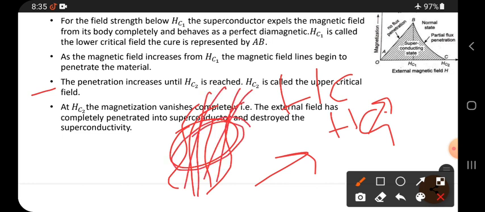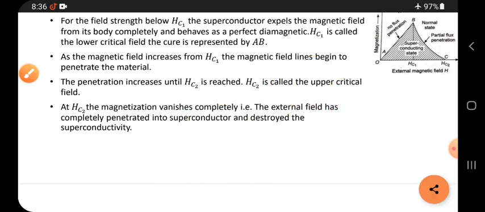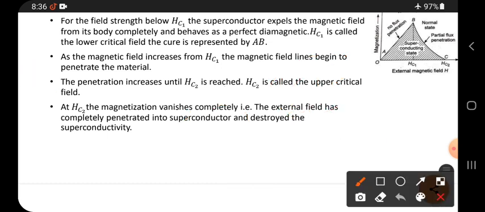Then it cannot act as a diamagnet or superconductor. It acts as a normal conductor. The field at which the substance converts from the superconducting state to the normal state is Hc2. That Hc2 is called the upper critical field. That is also given here.